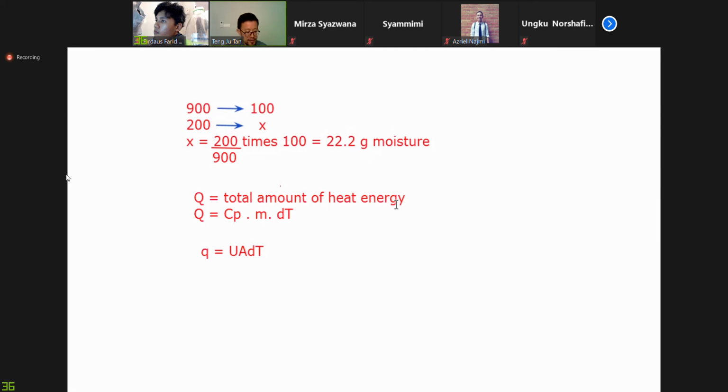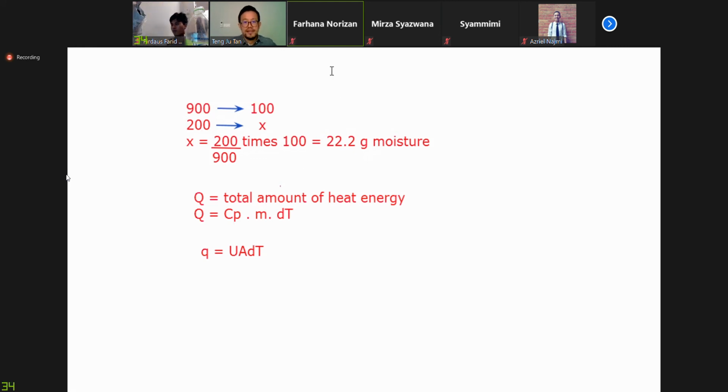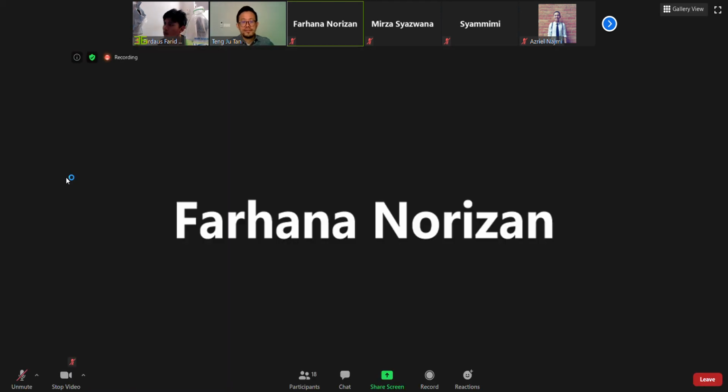So the unit is different too. It's joule, it's energy, or kilojoule. This is a rate. Capital Q and small q have different units. Everybody clear? Okay, good. So I try to save this, and then stop sharing.